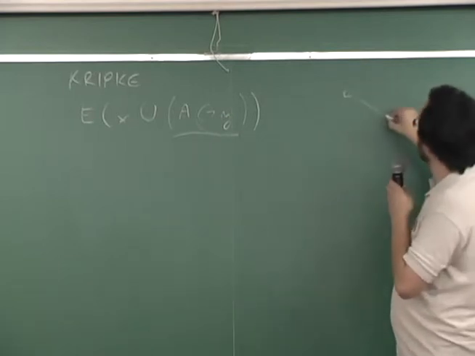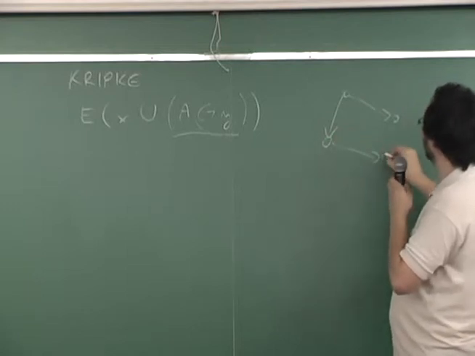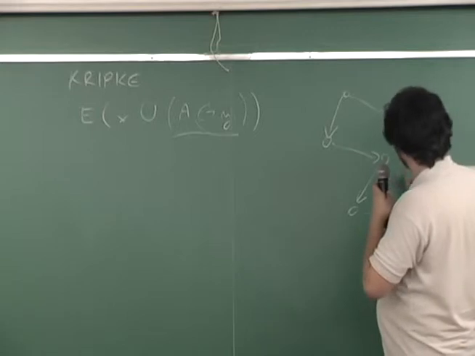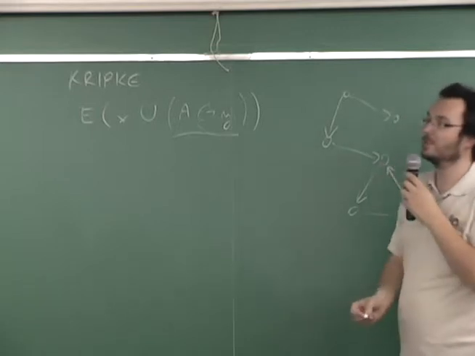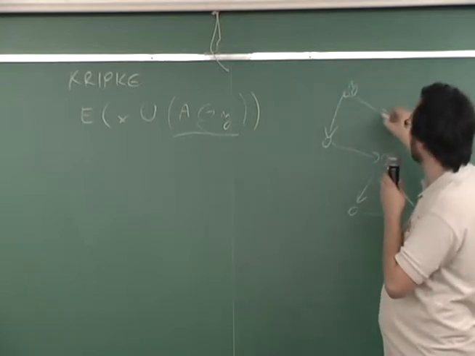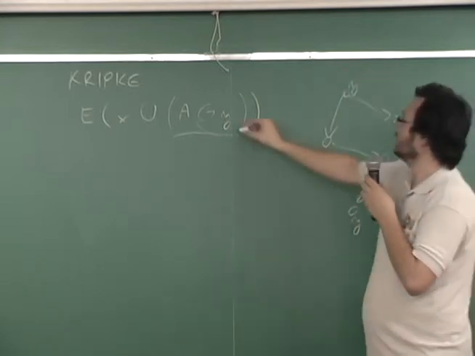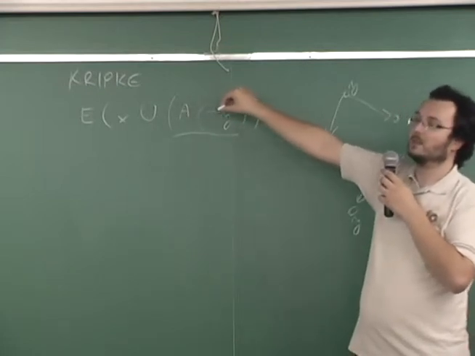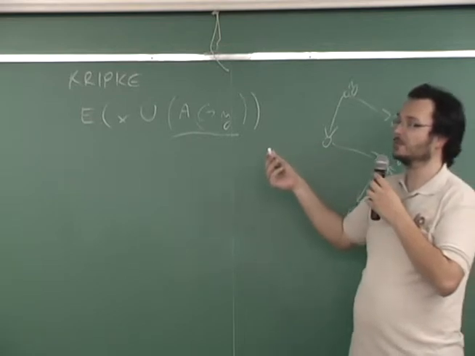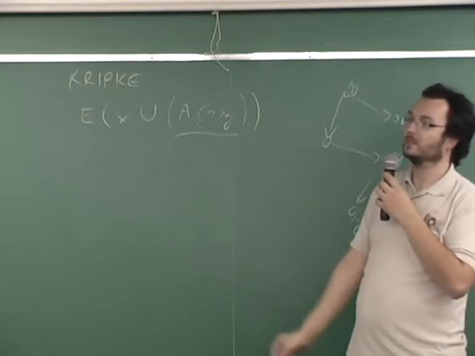We have a directed graph that looks, for example, like this. And some of the vertices in this graph have the Y property. So this one can have the Y property, this one, and this one. And GY means that for a path, all the vertices on this path have the Y property.